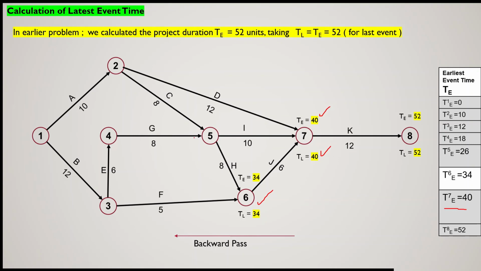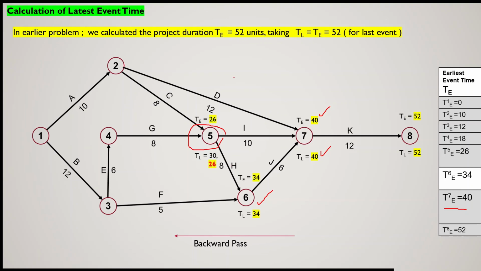Now if you go to event number 5, event number 5 is linked to event number 7 as well as 6. If you go through the path 7, 5, then the latest occurrence time of event number 5 will be 40 minus 10, that is 30. But if you see this path, then it will be 34 minus 8, and that will be 26.